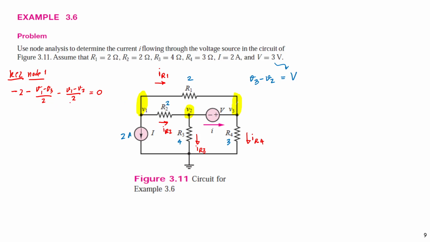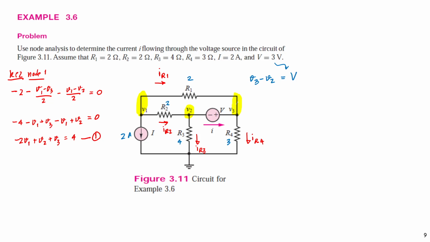Okay, we rearrange this equation first. Minus 4 minus V1 plus V3 minus V1 plus V2 equal to 0. Then minus 2V1 plus V2 plus V3 equal to 4. Maybe we keep this equation.